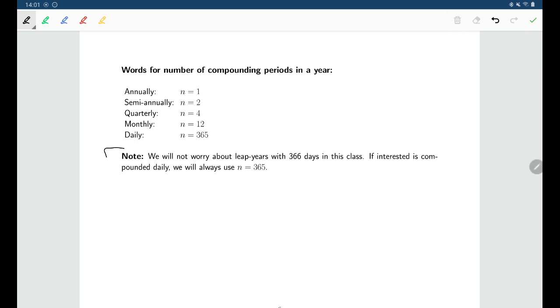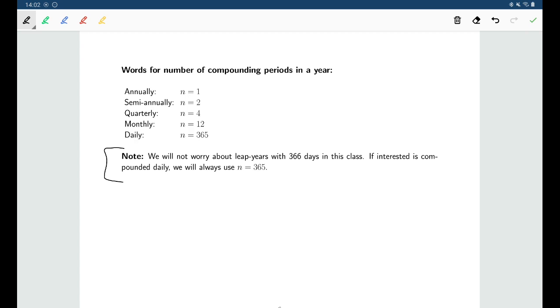One little thing I want to mention here is that for this course, we're not going to worry about the fine distinction of what if there's a leap year that year. If this was a financial mathematics class where we were really interested in calculating compound interest, then we'd look into how banks calculate their compound interest in the case of leap years versus non-leap years.